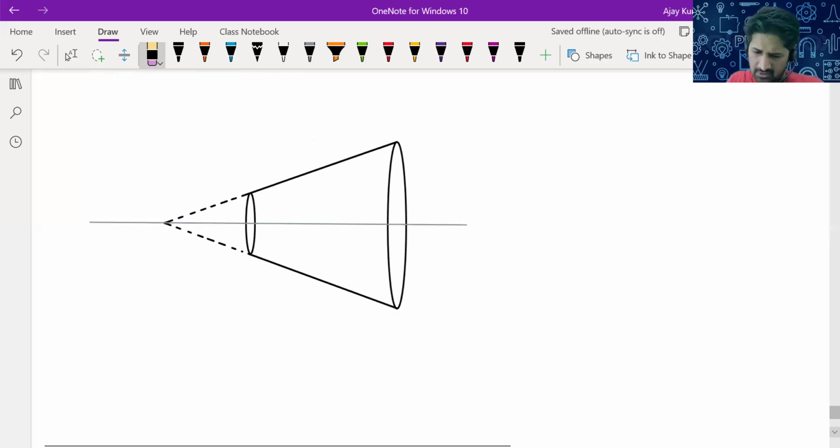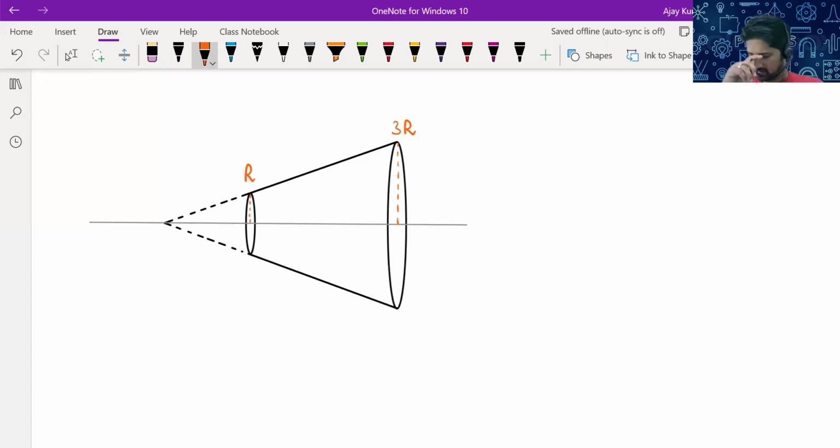So let me give you the dimensions. Let's say the radius here is A. Radius means from here to here. This radius is B. Or shall I make it slightly easier for you? Instead of A and B, take them as R and 3R.